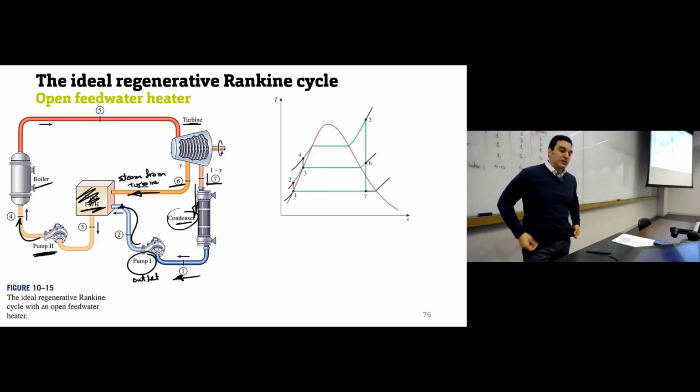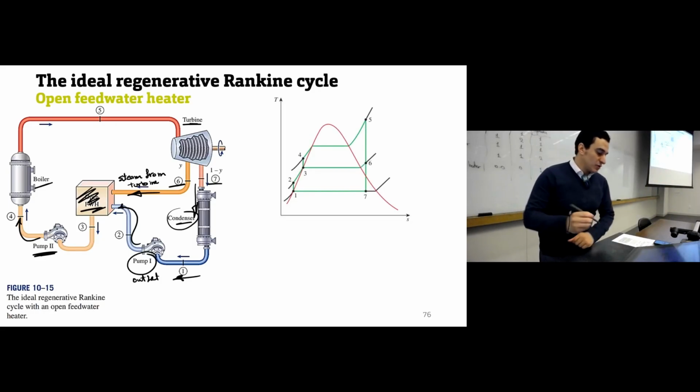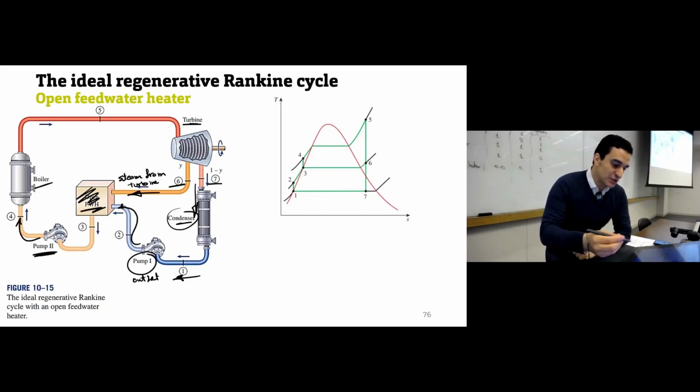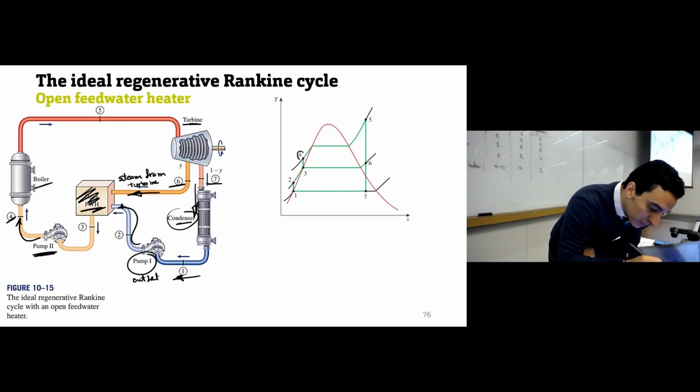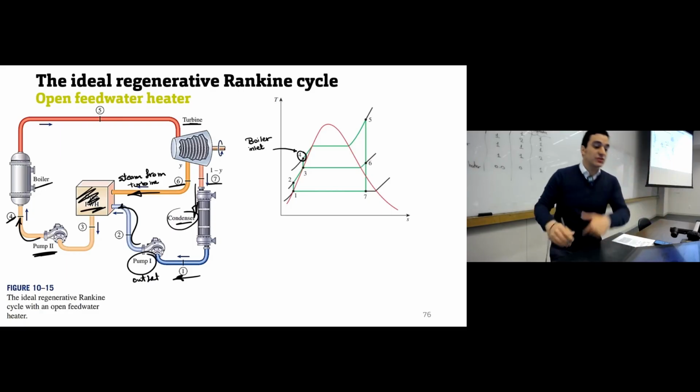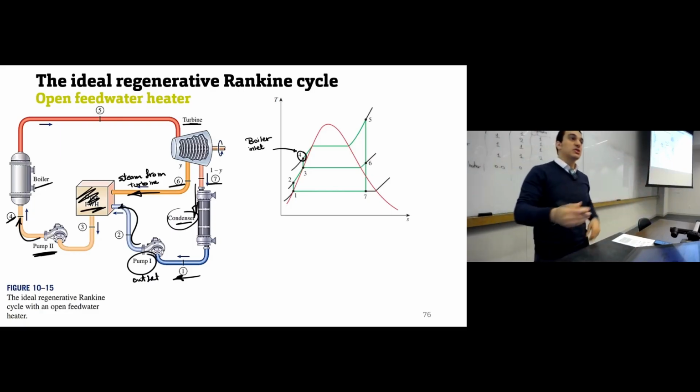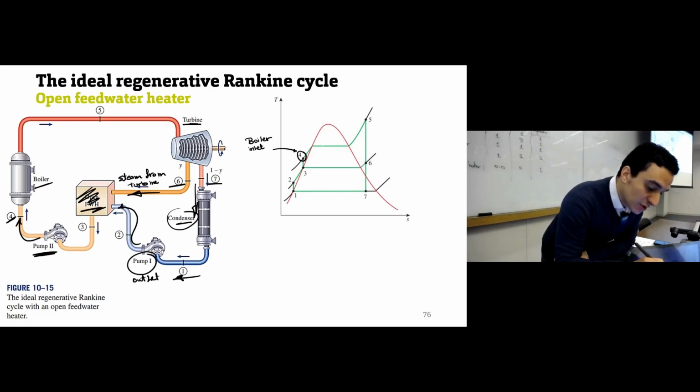If we want to see the TS diagram for this one, let's start with the first one, the boiler. So the inlet to the boiler is point number 4. This one is the inlet to the boiler. The boiler will increase the temperature and change the phase at constant pressure, and the outlet will be at point number 5.